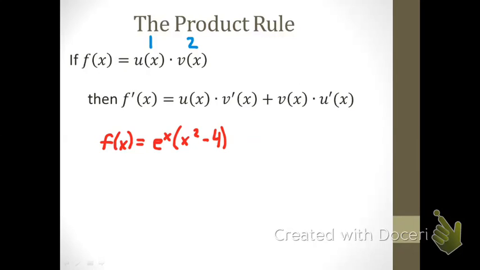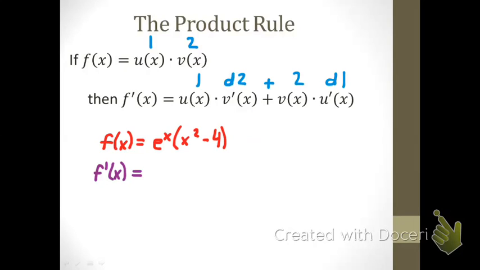It's the way that I learned this. The rule then for finding the derivative of that function can be this. It could be 1 d2 plus 2 d1, meaning the first function times the derivative of the second plus the second function times the derivative of the first function.